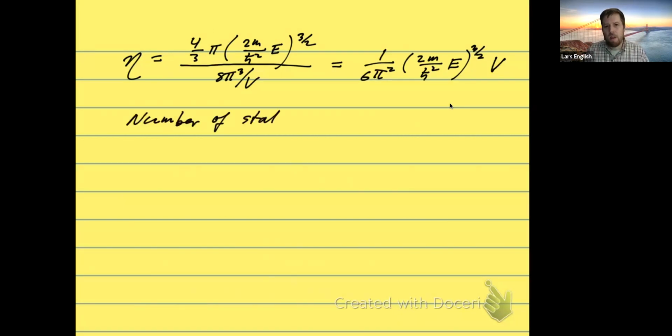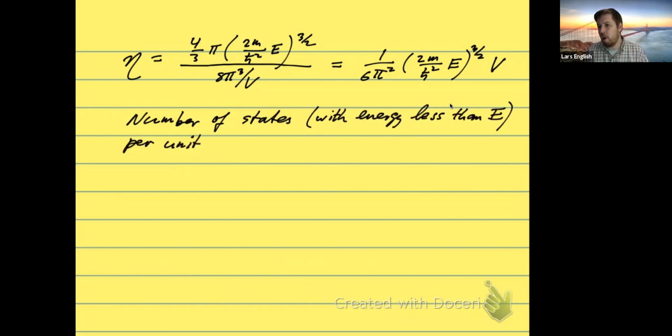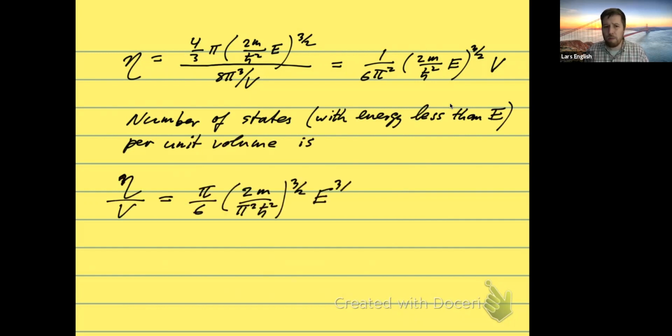So as we said, this is the number of states with energy less than or equal to E per unit volume. Then if I divide this by the volume, I get basically this pi over 6 times a constant to the 3/2 power times E to the 3/2 power. Basically I'm just taking this here and dividing by V.